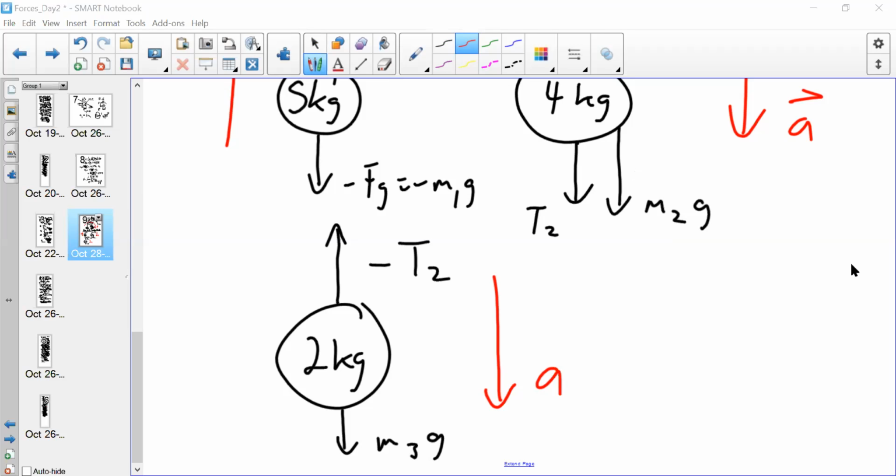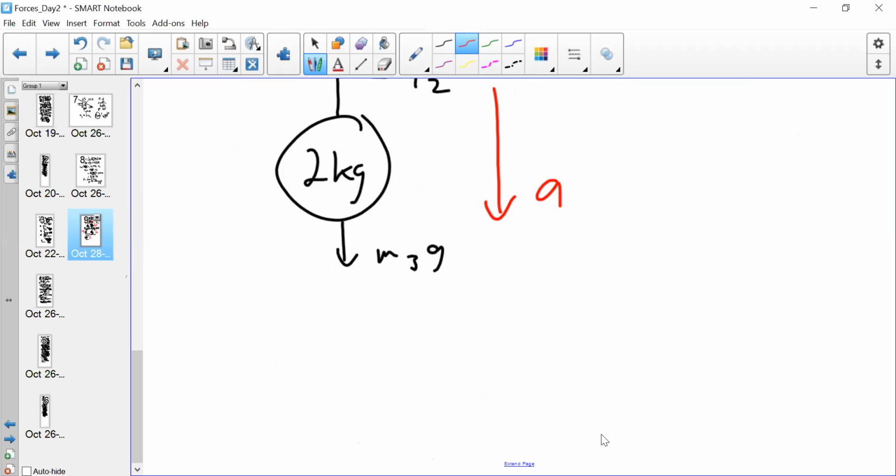We don't want to cause ourselves any more headache than we need to. So just think of tension as always something that's going to be tight, tense. You're tense, you're tight. Right? So it's some other source away from the object that's pulling. Okay.